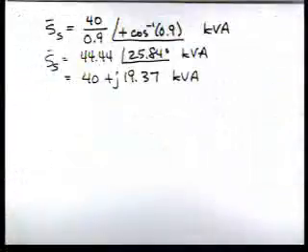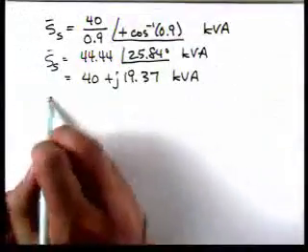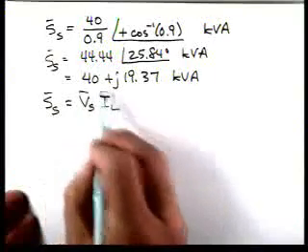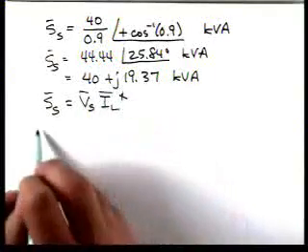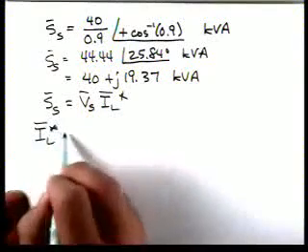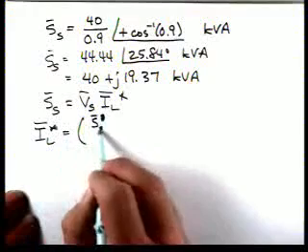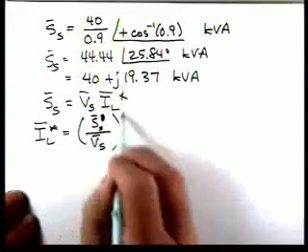We know we got the power, so SS is VS times IL conjugate, or IL conjugate is SS over VS conjugate.